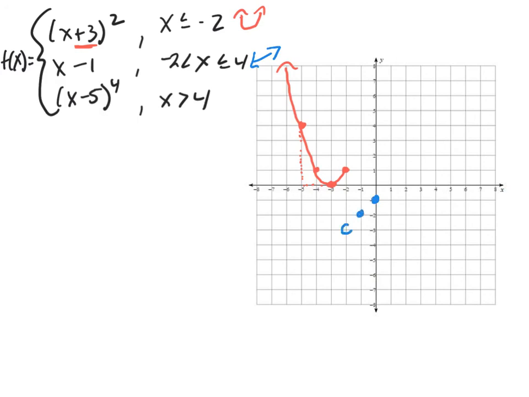So once I get here at my leftmost point, I'm going to make it an open circle because we didn't have an equals, and I'm going to continue this trend until an x value of 4. Okay. And we are going to make sure that that is a closed circle because we did have an equal to sign there at 4. Okay.